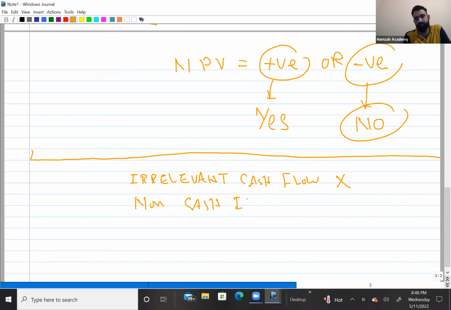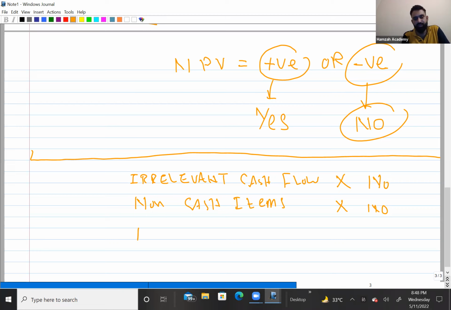Non-cash items like accounting depreciation, provisions, and bad debts, which are non-cash expenses, we will not consider in an NPV calculation.